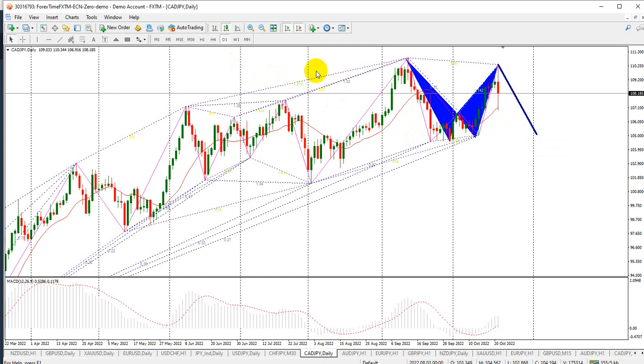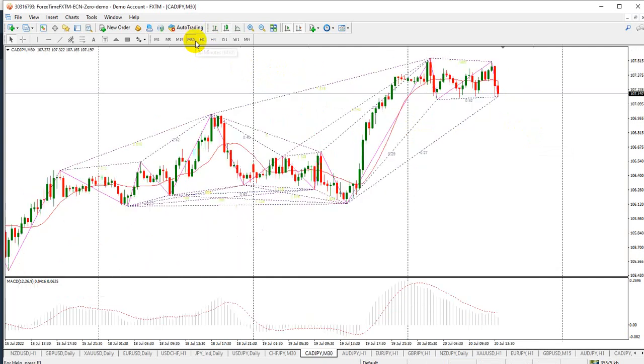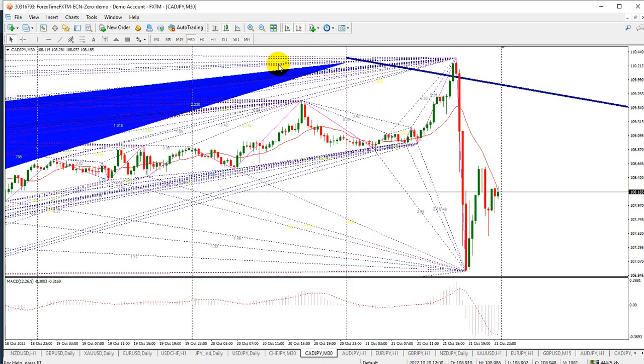Right. So if you go to a lower time frame, let's see, on the lower time frame, same thing. This harmonic is very good. You can see this is the XABC pattern.